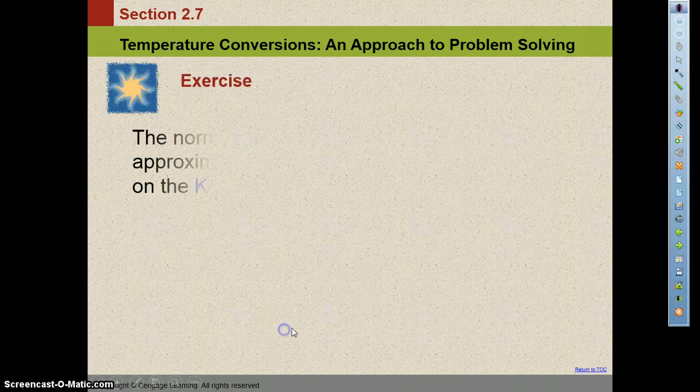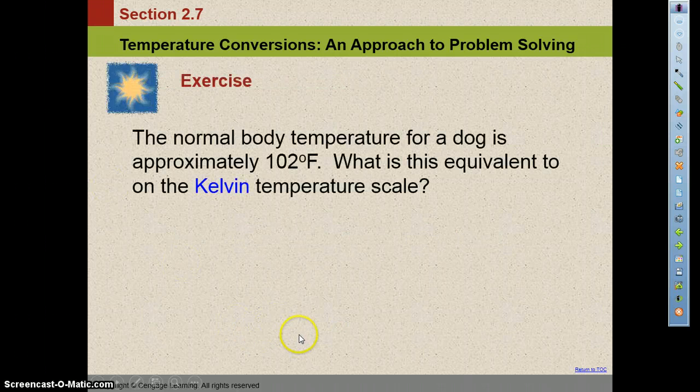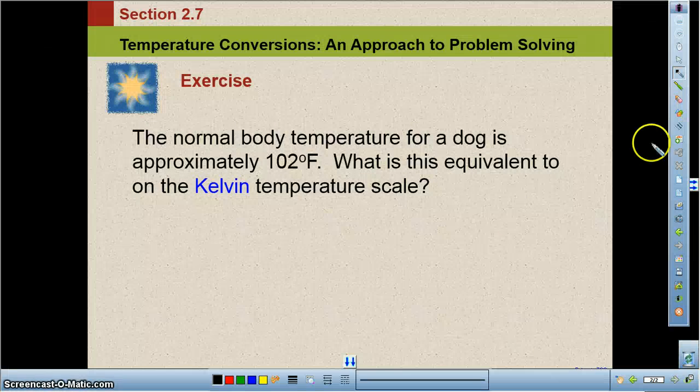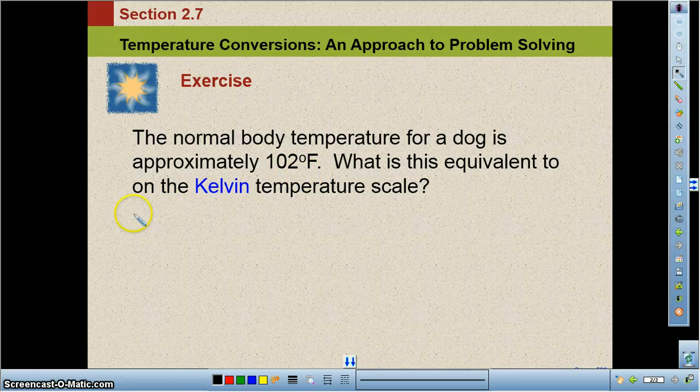Okay. First exercise. It says the normal body temperature for a dog is approximately 102 degrees Fahrenheit. What is this equivalent to on the Kelvin temperature scale? So we want Kelvin and we're at Fahrenheit. So like I said before, we're going to have to take Fahrenheit to Celsius first. So I need to change it to Celsius and I know Fahrenheit.